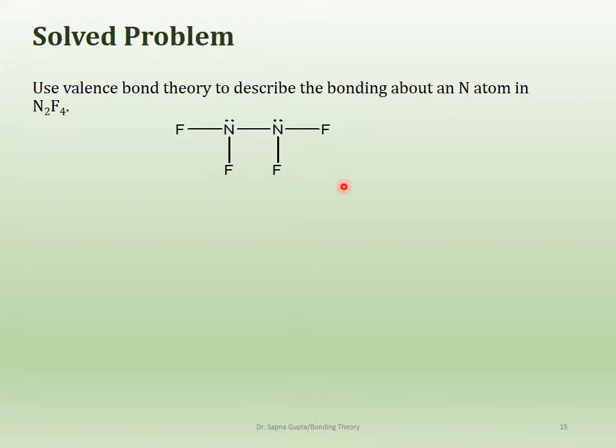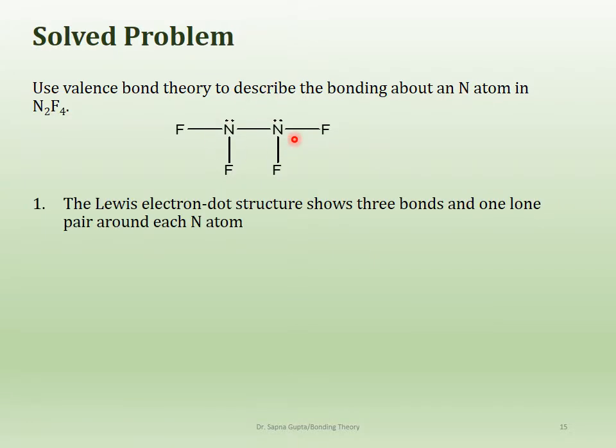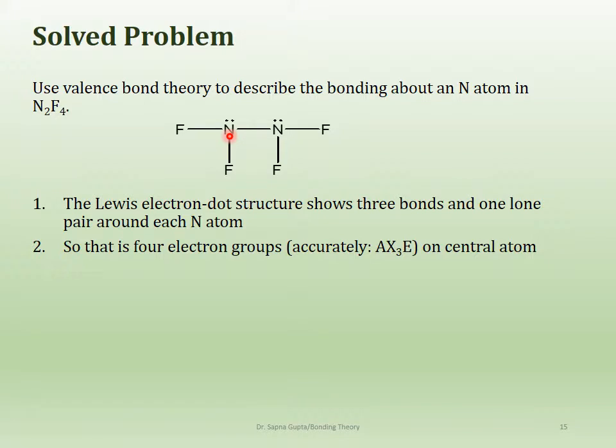Now to determine the valence bonding on the central atom, you take it step by step. First of all, in the Lewis dot structure, what you see is that you have 3 bonding electron pairs and 1 non-bonding electron pair, which means that there are 4 electron groups around the nitrogen, and more accurately we can say AX3E.